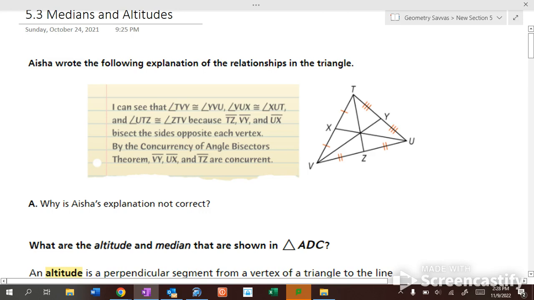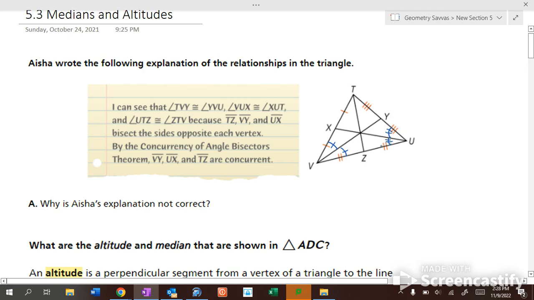Okay, medians and altitudes. Aisha said that I can see that angle TVY, this angle here, is congruent to YVU, this angle here. VUX, this angle here, is congruent to XUT, this angle here.